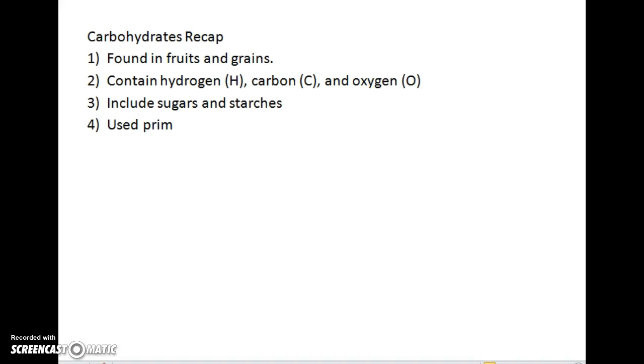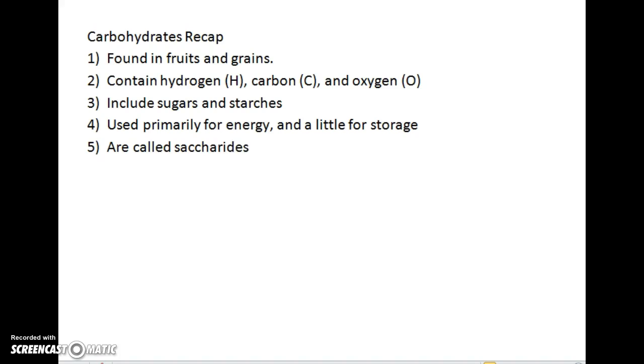Used primarily for energy and a little for storage. 5. They are called saccharides. 6. They're made up of monomers.